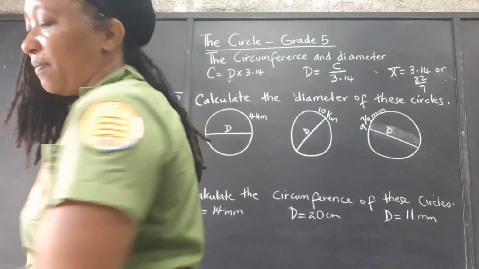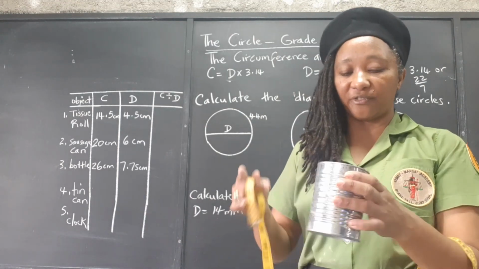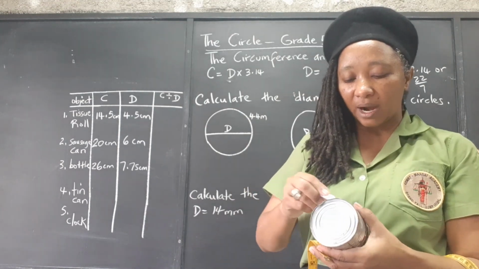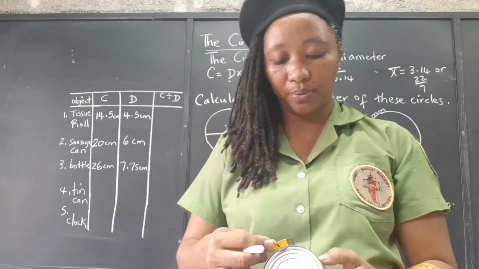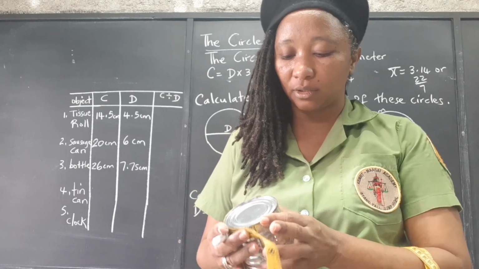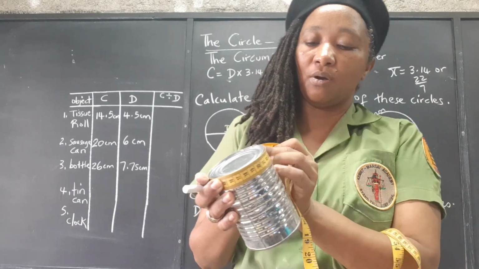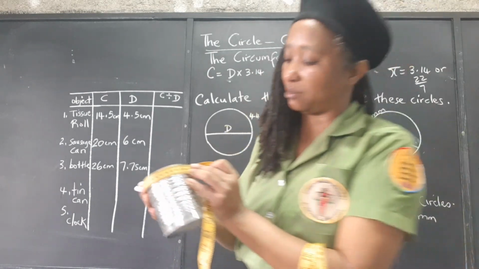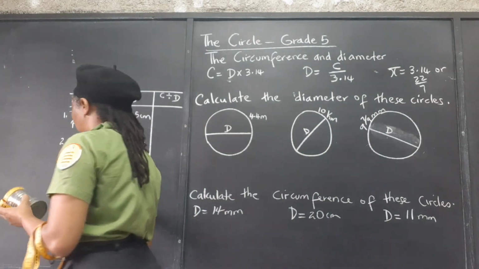Now it's time for the tin can. I'm going to get the circumference. Let me mark off where I'm starting so I'll know where to stop, all the way along the edge. The circumference is the distance around the edge, right? Okay, so that's roughly 27 centimeters.